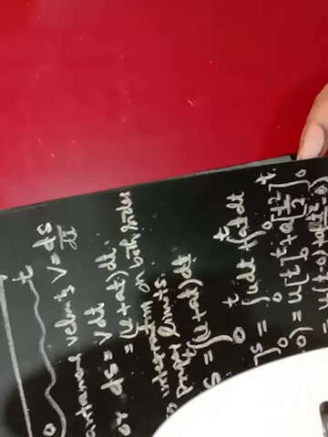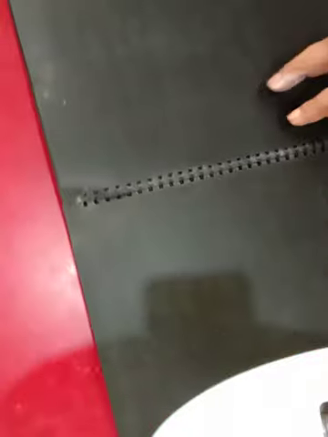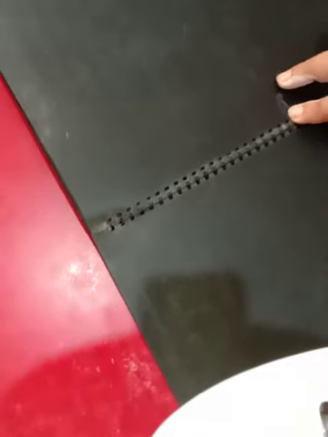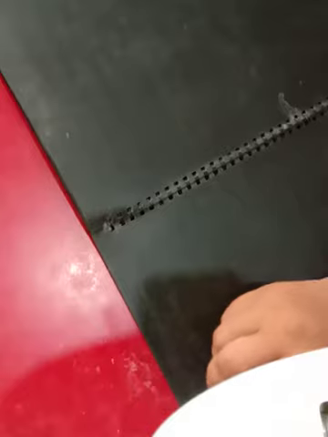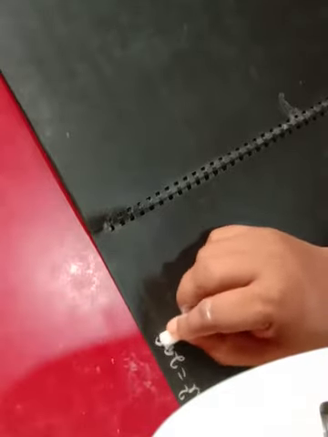Okay, next listen what I am telling you, that is v square minus u square equal to 2as. Another equation is v square minus u square equal to 2as. We have to prove this type of equation.